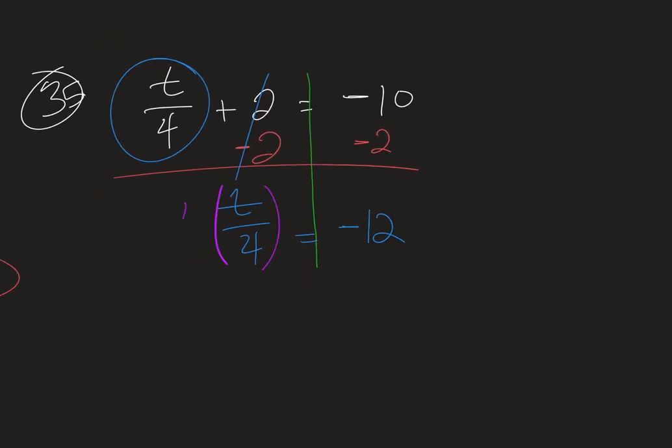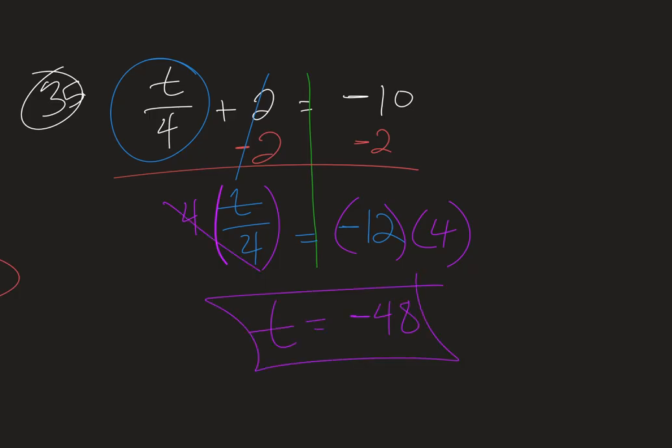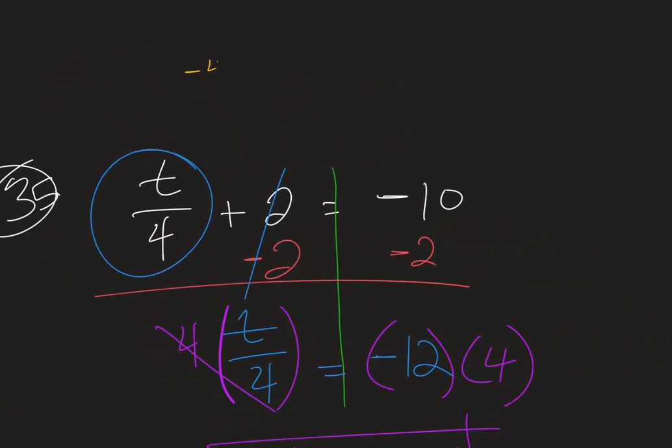It's being divided by 4, so we shall multiply by 4, and the 4's cancel, giving us t equals negative 48. So we can check that by going up here and saying, does negative 48 divided by 4 plus 2 equal negative 10? Well, negative 48 divided by 4 is negative 12. If you add 2, you get negative 10, so we're good.